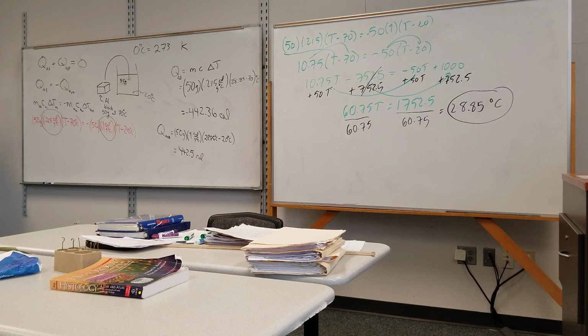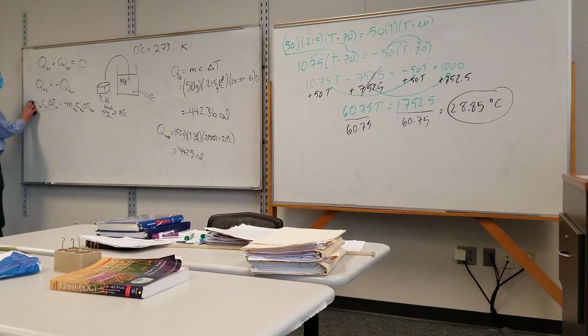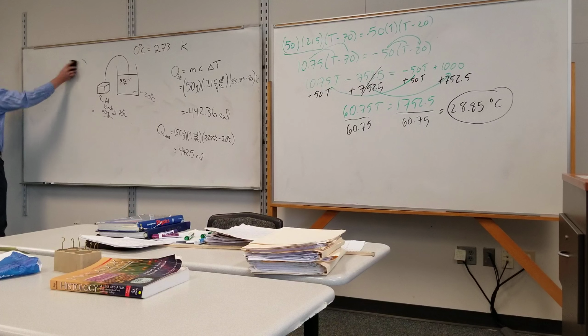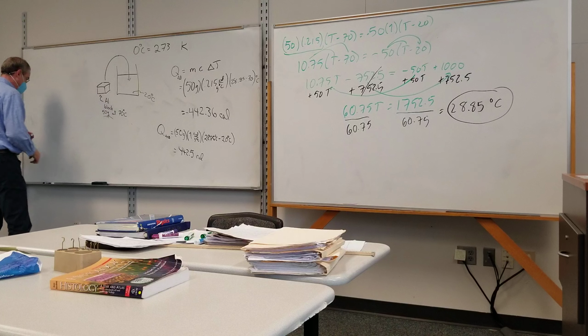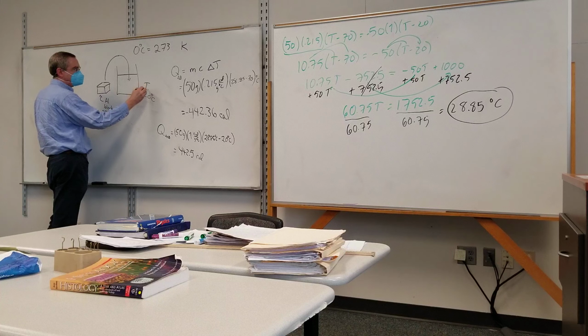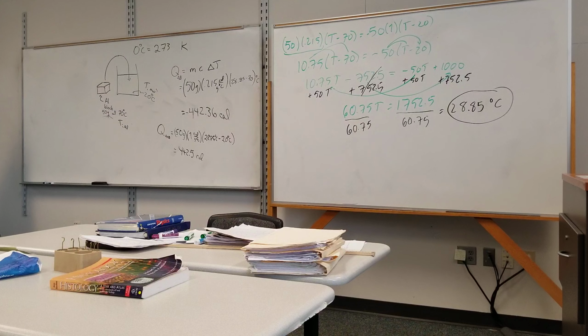All right, let's make it seem more complicated. T initial for water, and T initial for the aluminum. So again, got the aluminum block, 70 degrees Celsius. Oh, yes, sorry, Vina.